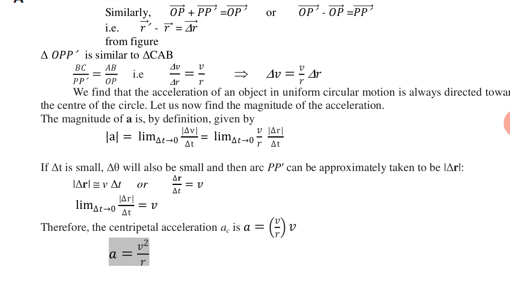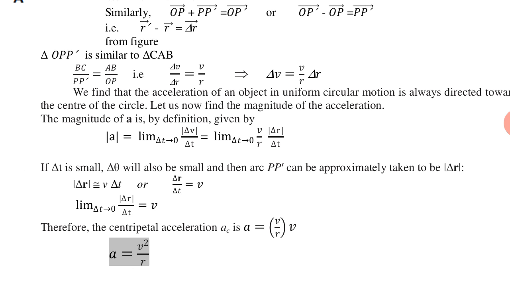So therefore delta r by delta t as v, that is change in position by time, is velocity. So therefore limit delta t tends to 0 delta r by delta t, we can take it as v.